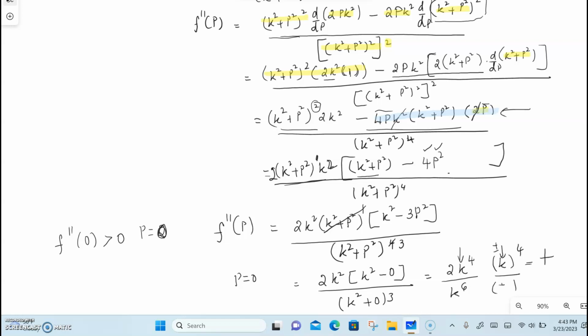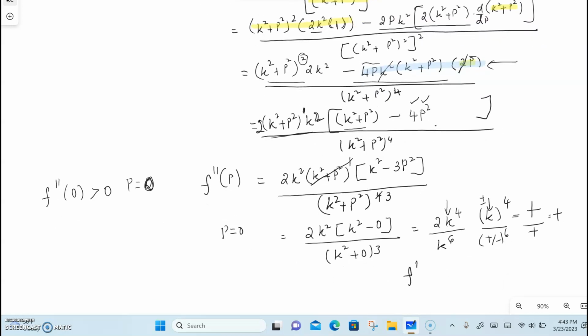Whether k is positive or negative, when you raise it to the sixth power, it's always going to be positive. So the answer, which is the second derivative at 0, is always positive, which is the same as saying that the second derivative when p is 0 is always greater than 0.